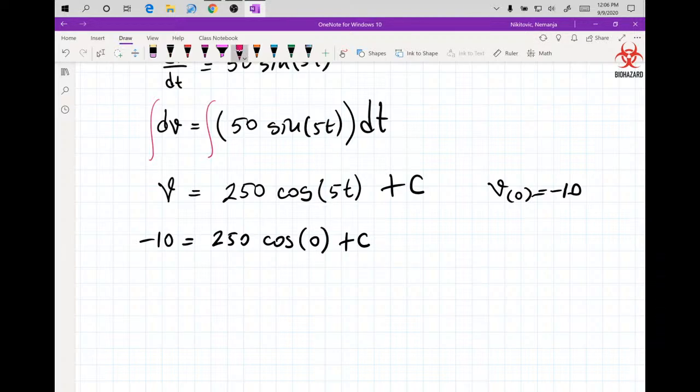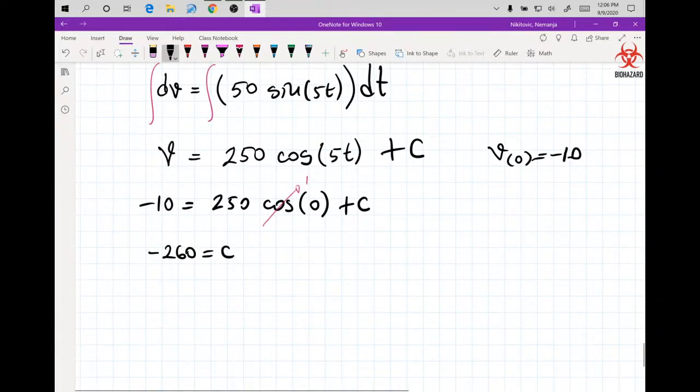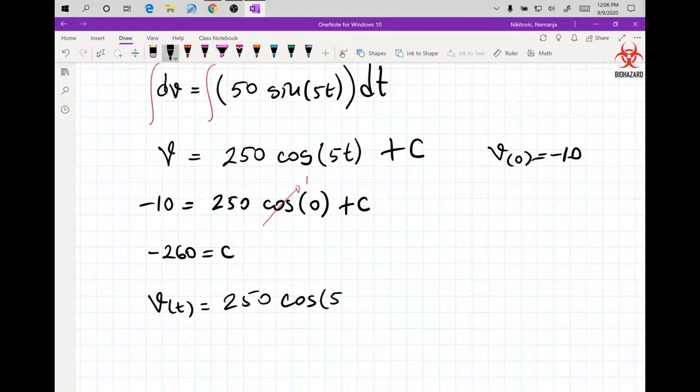Now cosine of 0 is 1, and then 250 going to the other side becomes negative 260 equals c. So now we have that our function v of t is equal to 250 cosine 5t minus 260.